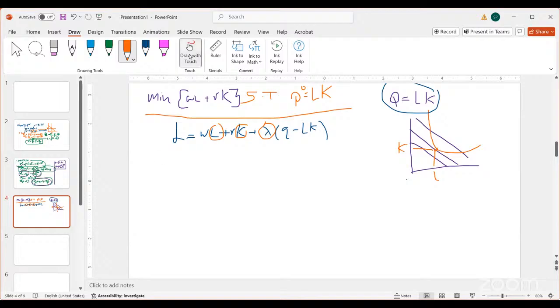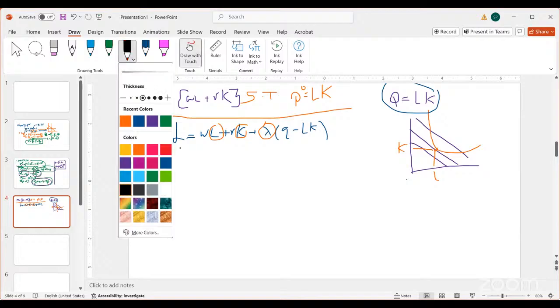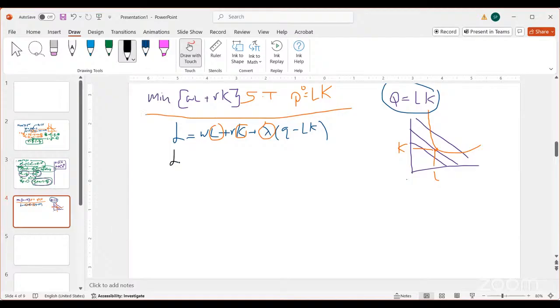So we differentiate this with respect to L, K, and lambda to get the first order condition, or necessary condition.